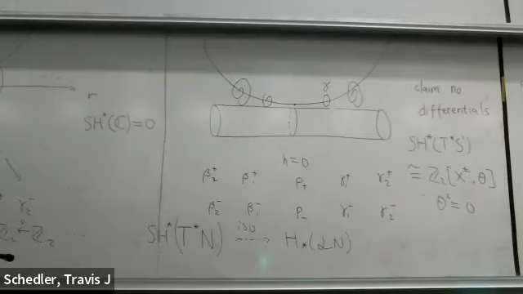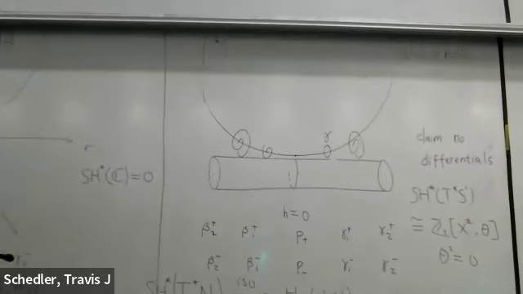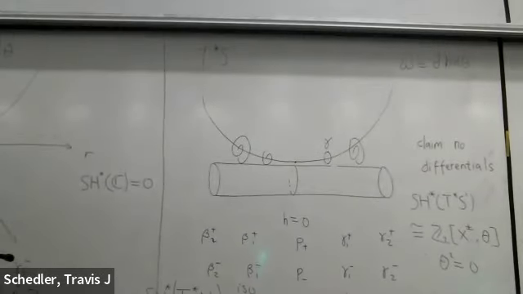I see. But you're saying that we can see that in this case. So in this T star S1 case, one can see that if you take the homology of the free loop space of S1, I guess free loops around the circle, it's just how many times you're wrapping around.